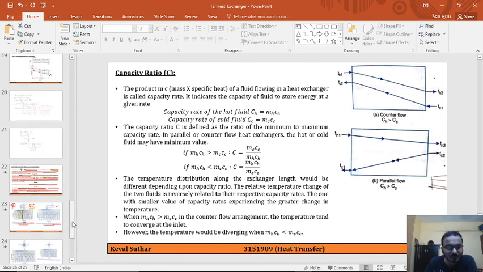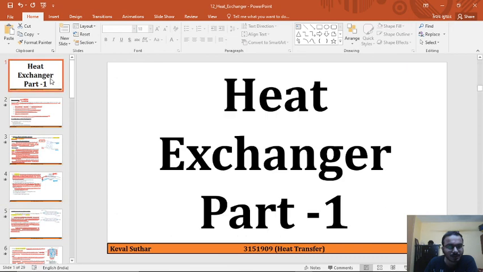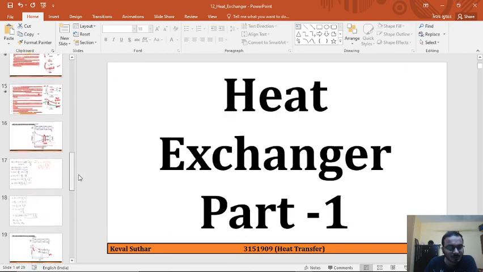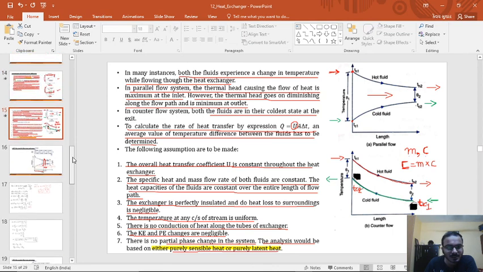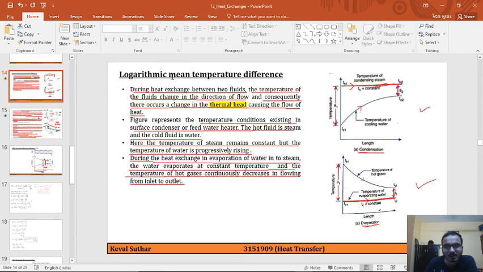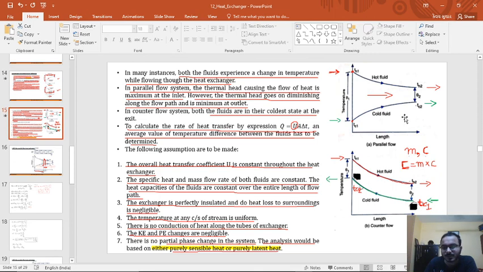So what we have done in today's lecture: today we began with LMTD. First we discussed the case of condensation and evaporation where temperature of one fluid remains constant. Then we saw the temperature variation in case of parallel and counter flow heat exchanger.